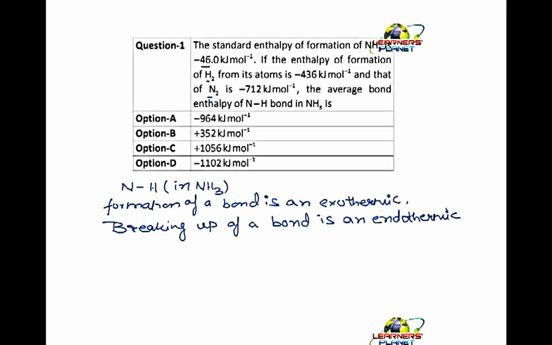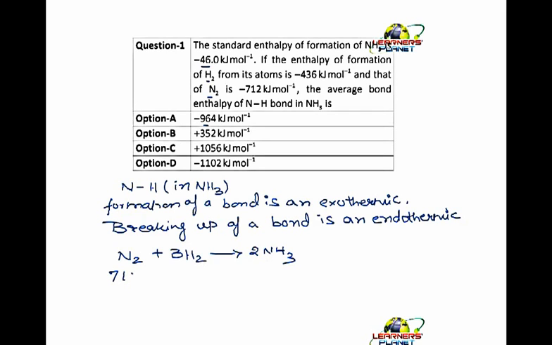Now let's take up the formation of ammonia. Let's write the equation over here, that is N2 plus 3H2 gives 2NH3. Okay? Now, the bond energy between nitrogen atoms is 712, and that is for the formation.